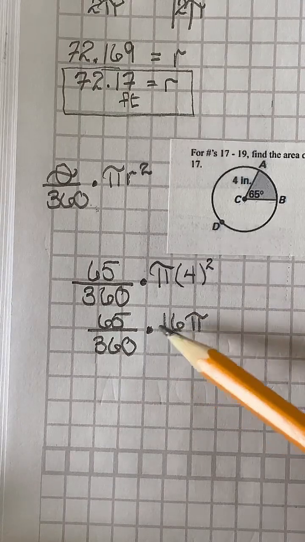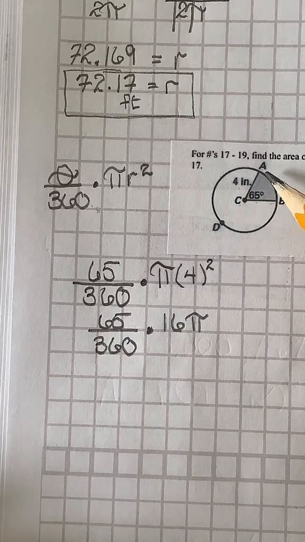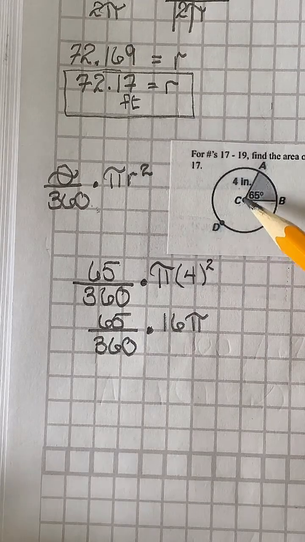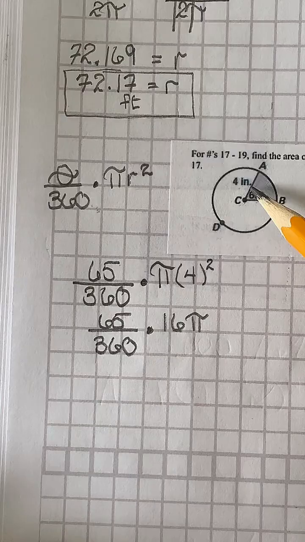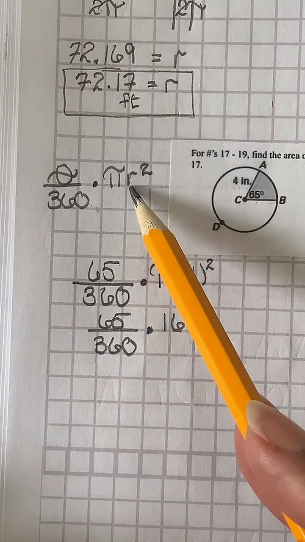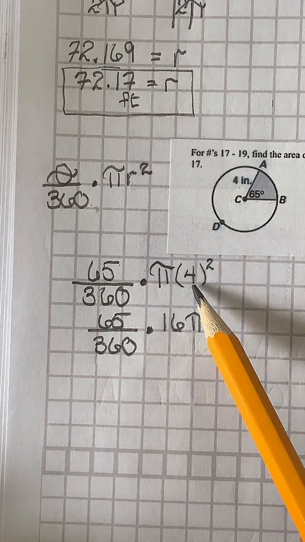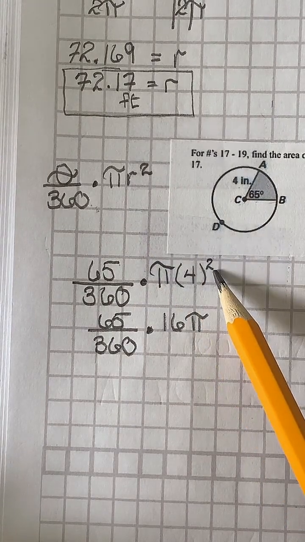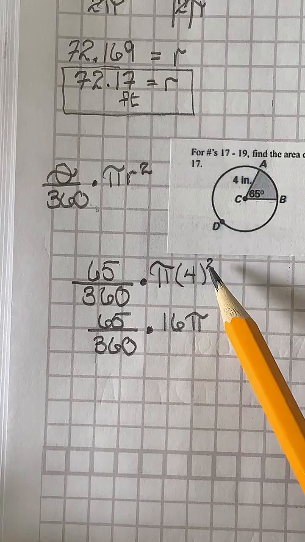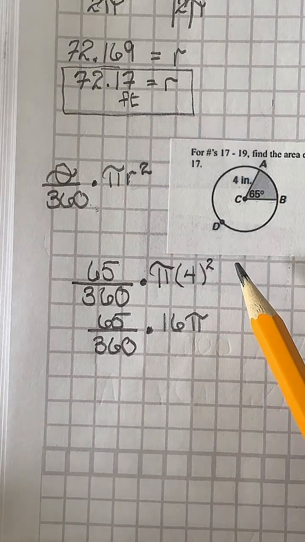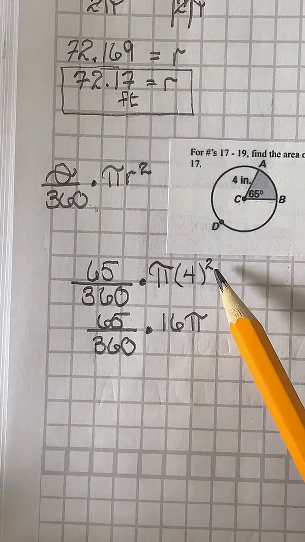So now we're going to plug in the radius. The radius is the 4. So the 4 is going in for the R. So the R is 4, and then we're going to square it. So 4 squared does not mean 4 times 2.